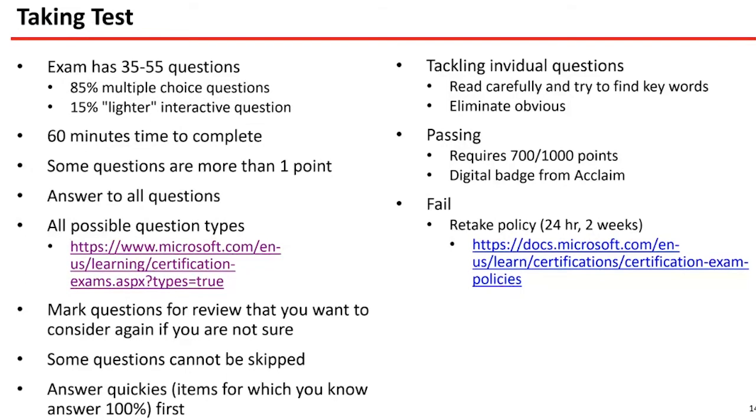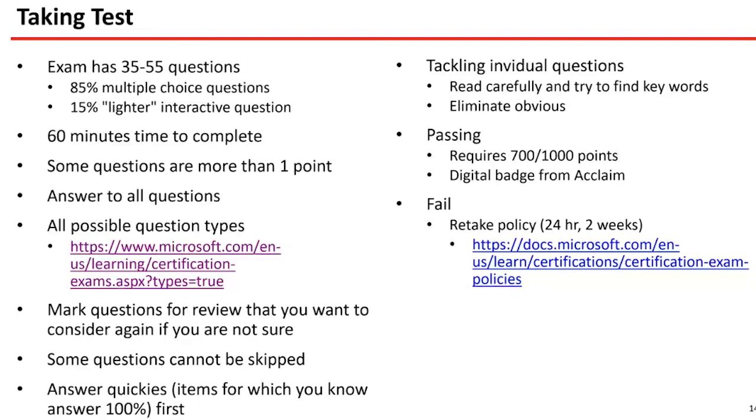But for me, there weren't so many quickies, because even the easiest questions were presented in such a way that it was quite hard to first understand what the real question is, what this is all about. So this is one thing you should remember: when you are tackling these individual questions, read carefully what the question is all about.